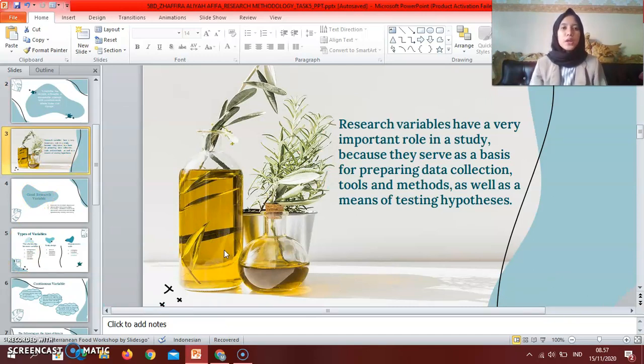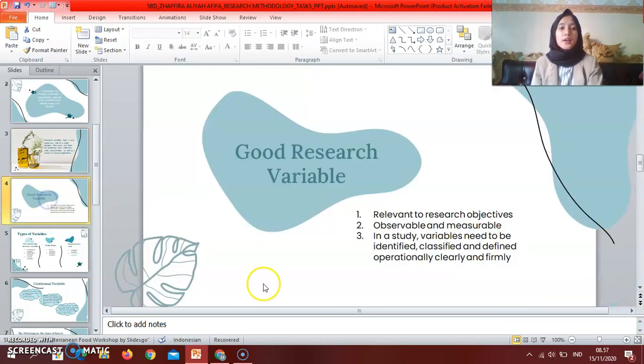So before we prepare the data collection, we must have variables. And good research variables certainly have several requirements so that it avoids error in data collection and processing in hypothesis testing.